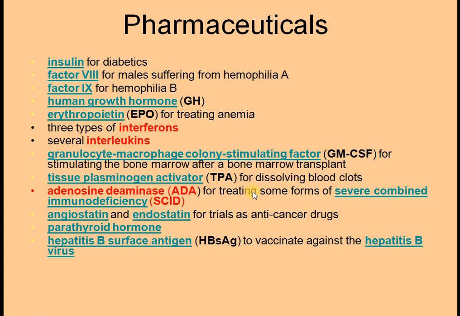So for stimulation of that transplant, we use granulocyte macrophage colony stimulating factor. Then tissue plasminogen activator, adenosine deaminase, angiotensin, endostatin, parathyroid hormone, hepatitis B surface antigen vaccines, and diagnostics. So these are a few applications of rDNA technology in pharmaceuticals.